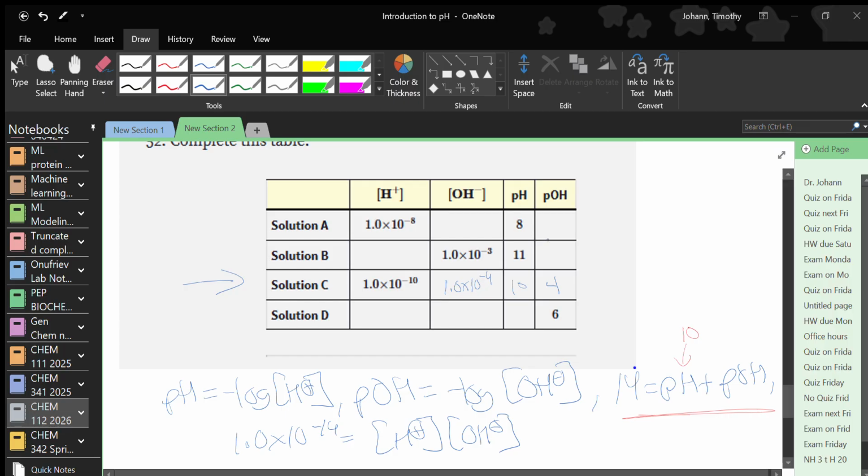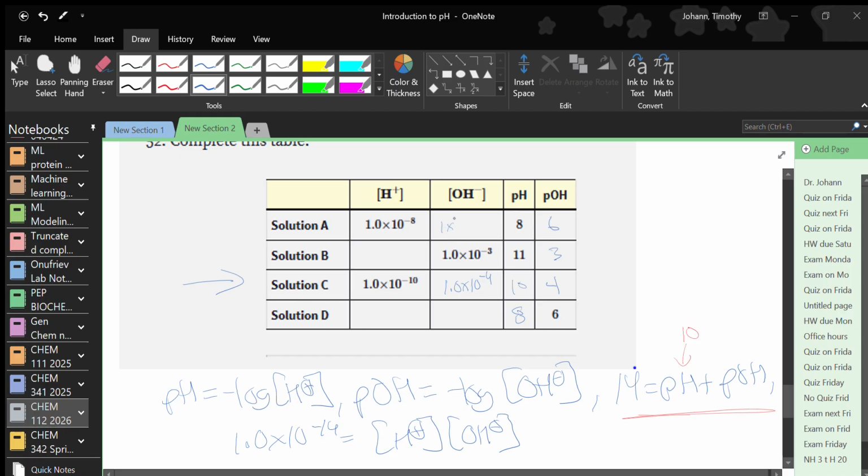And so if you've done any of the rest of these, these pH things are pretty easy to fill in, because it just has to add up to 14. So that's going to be 8, that's going to be 3, that's going to be 6. And because all these things for this problem were the 1 times, it's not a complicated log in between, so it's pretty easy to do those as well.